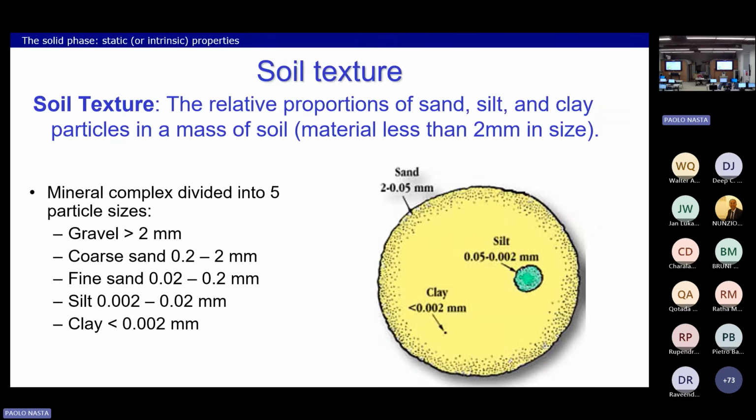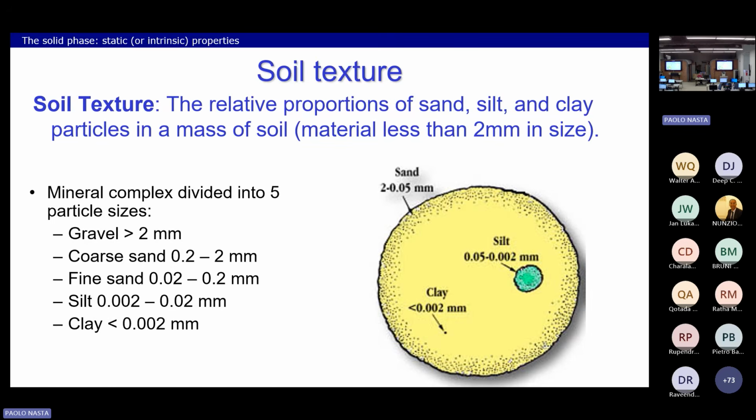So basically, I'm going to talk very quickly about the solid phase, because we want to focus mainly on the liquid phase that Professor Romano is going to present after this very fast presentation. There are two main important features of the solid phase.